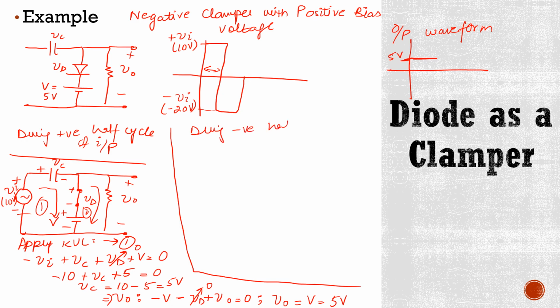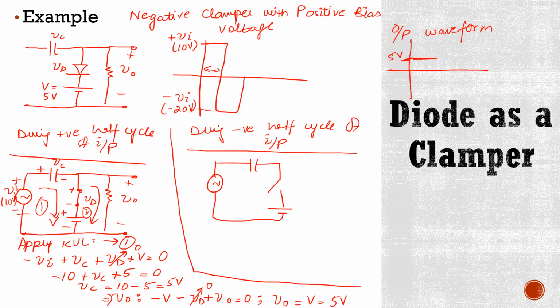Okay. Now what would happen during negative half cycle of this input? During negative half cycle, this diode will be off, means it is not conducting now, and your circuit will look like this.